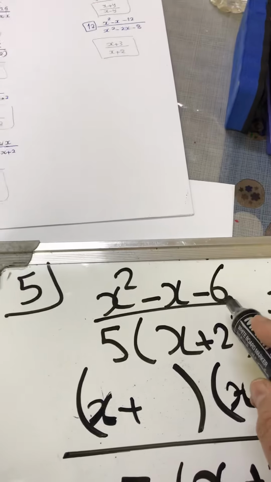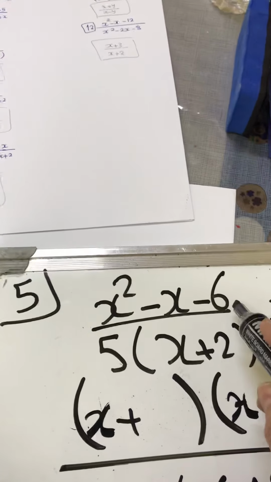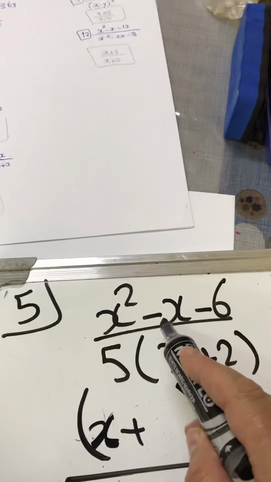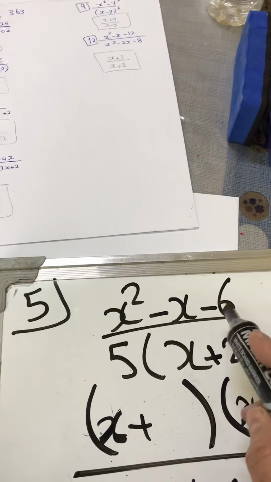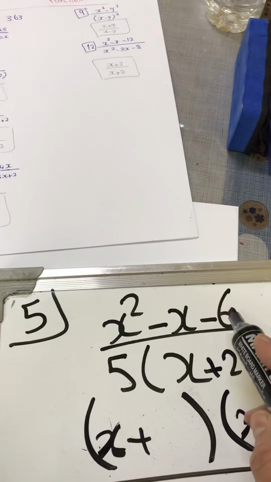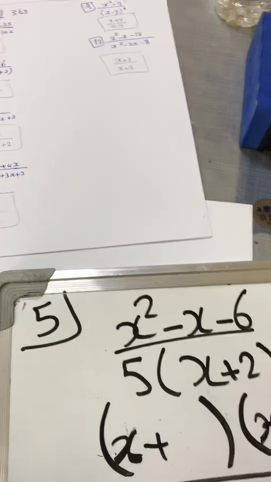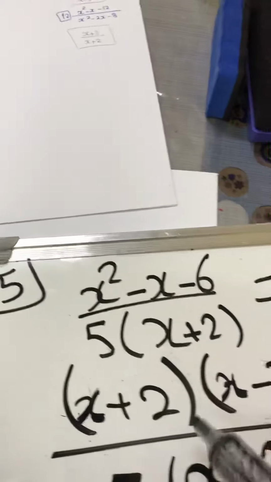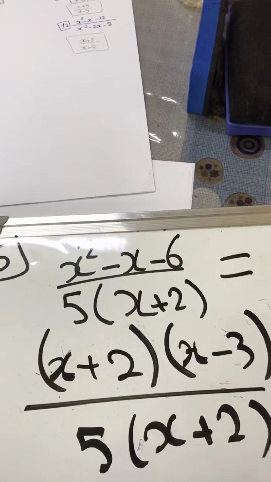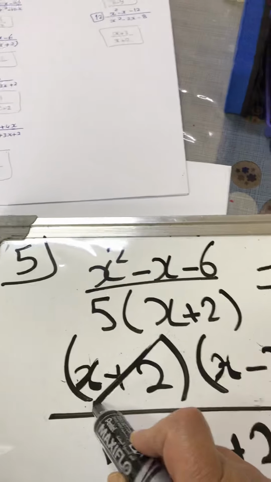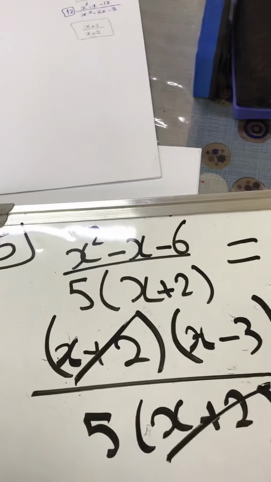6 comes from multiplying 2 times 3, because I want the difference between them to equal 1. Which will take 2 and 3? Which will take the positive? Which will take the negative? 3 is the bigger, so it will take the sign of the middle term, and 2 will take the positive sign. Now I have bracket x plus 2 up and bracket x plus 2 down.